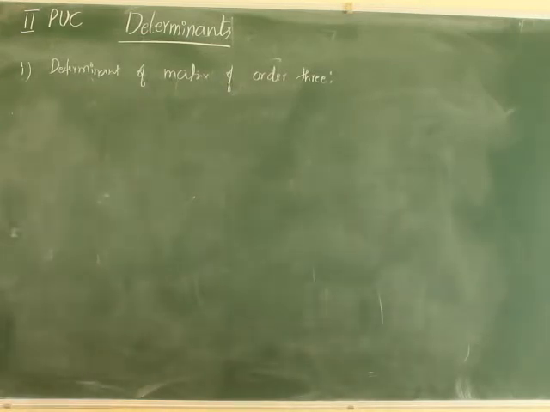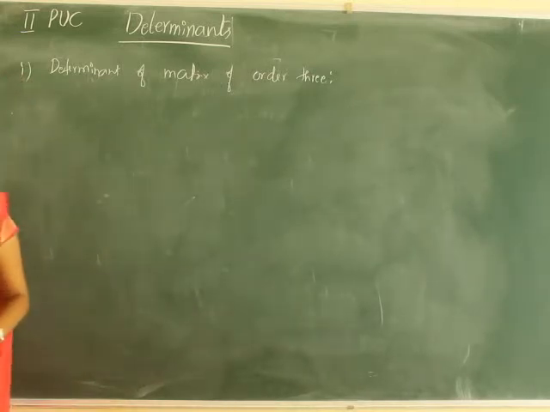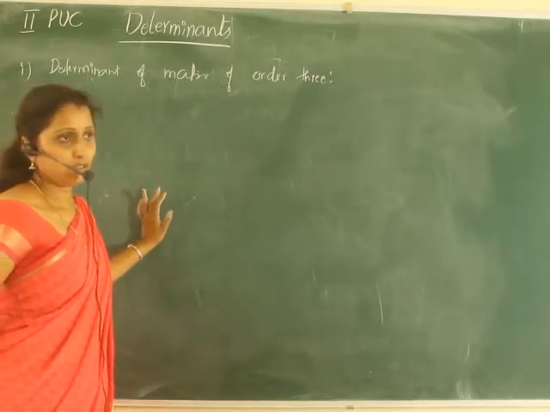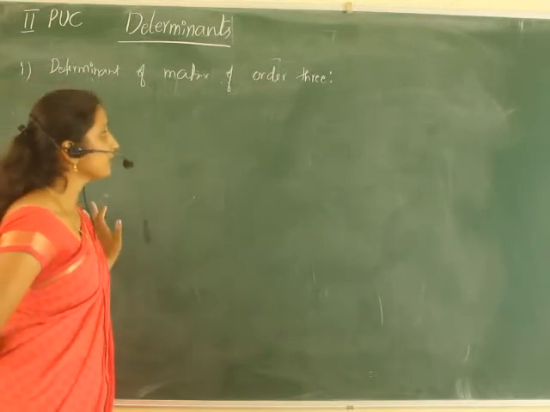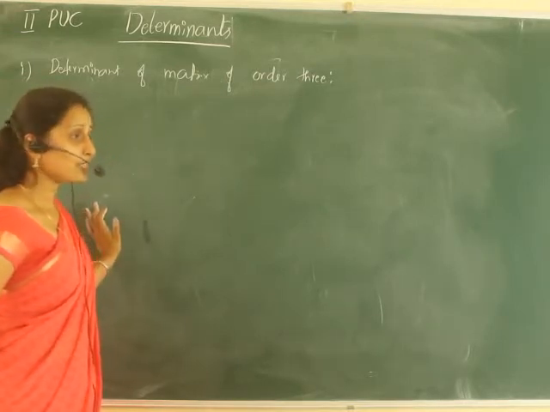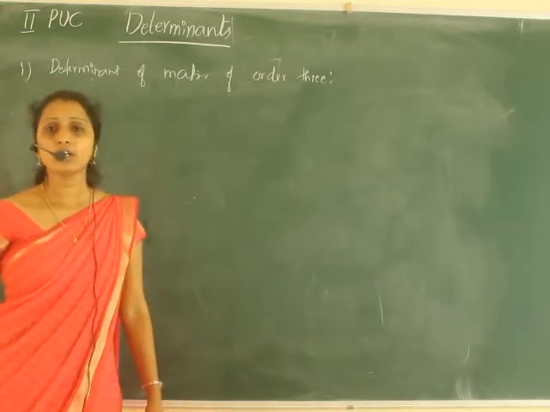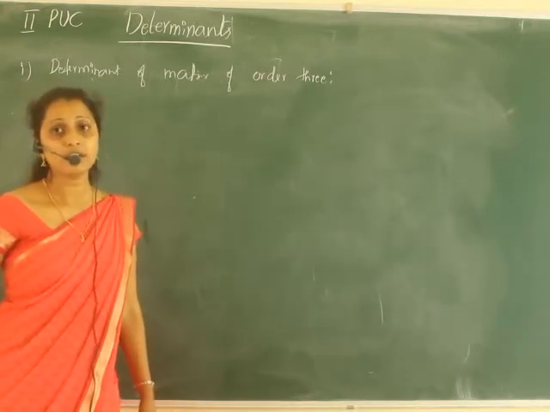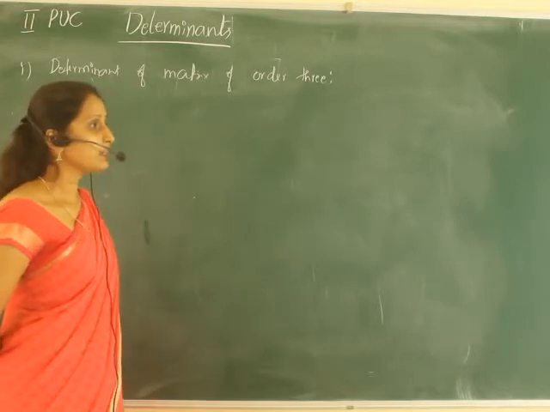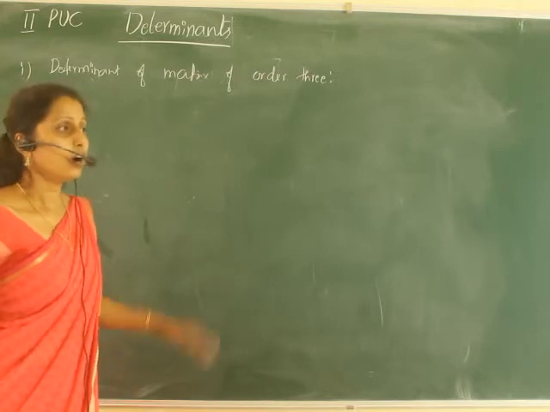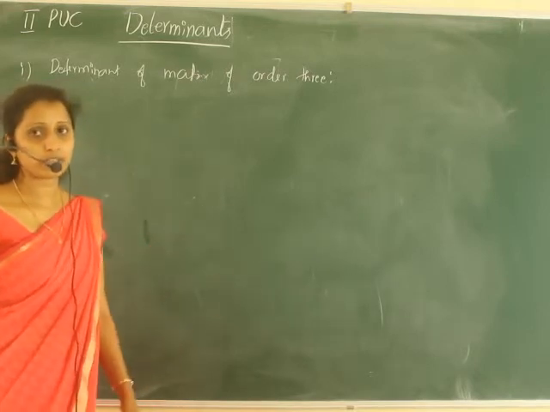So how to calculate the determinant of a matrix of order 3? To calculate it, we express the given determinant in terms of second order determinants. That means expanding the given matrix either row wise or column wise.